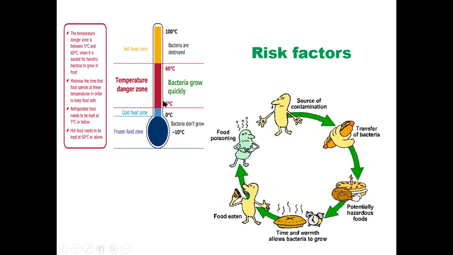However, between 5 degrees and 60 degrees, which is what you have here, because when you go for the party, the food will be on the table for some time. You'll have some fun before you start eating. So that's granting the bacteria enough time to replicate and start producing toxin. Then when you're done with all the fun, you start to eat. The toxins are already present in the food, and eventually the patient comes down with food poisoning.